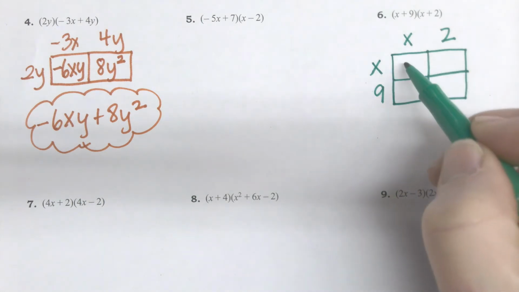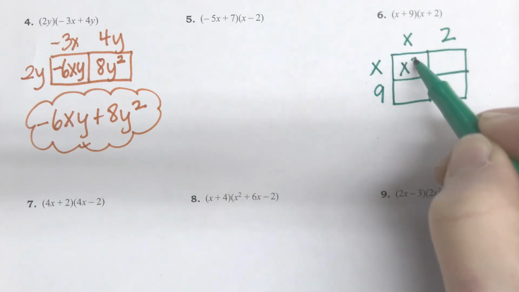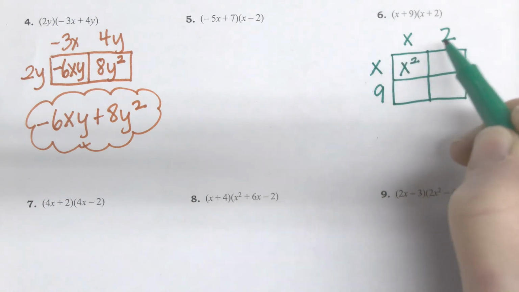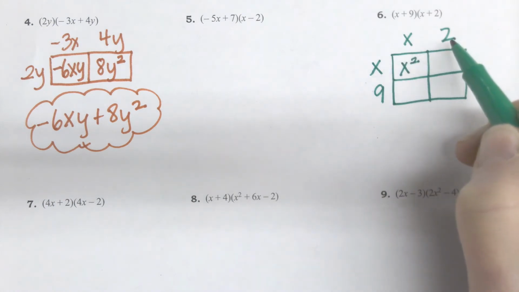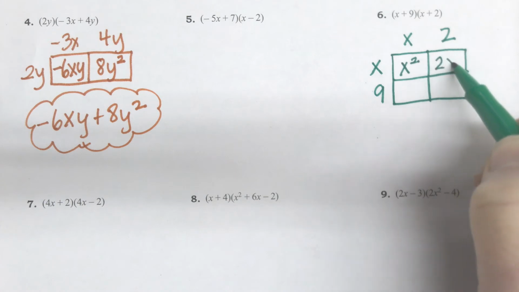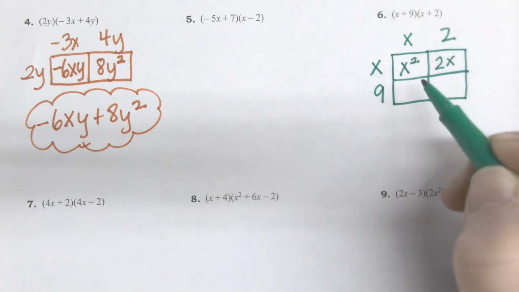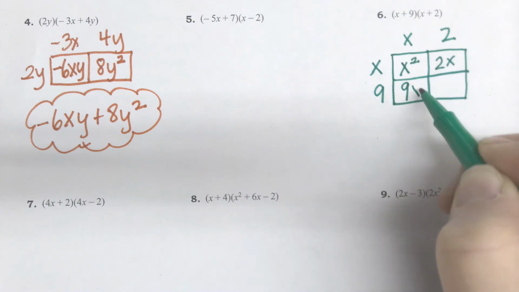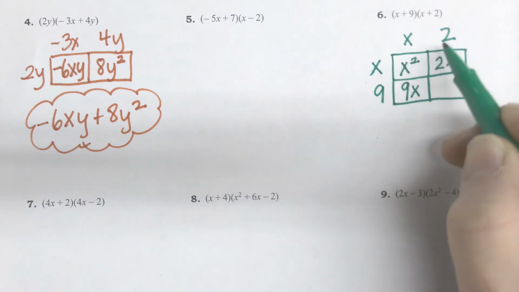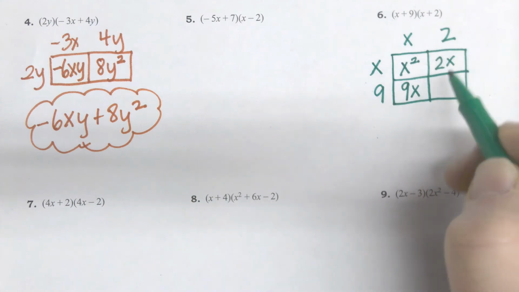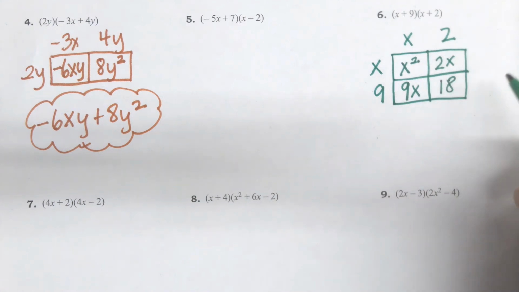x times x, x what? x squared. X times 2, 2x. 9 times x, 9x. And 9 times 2, 18.